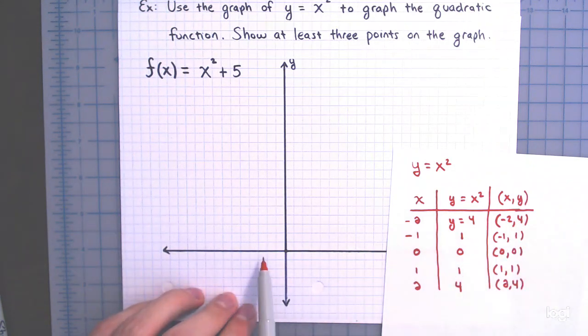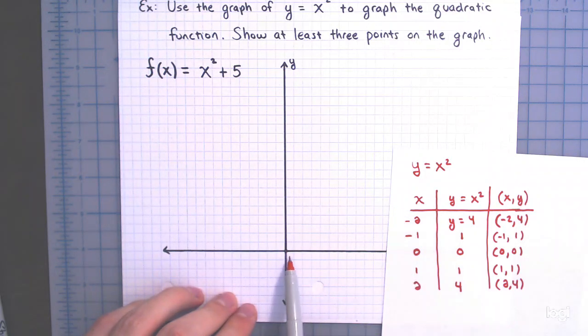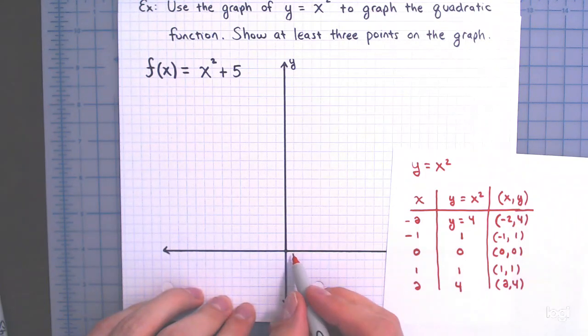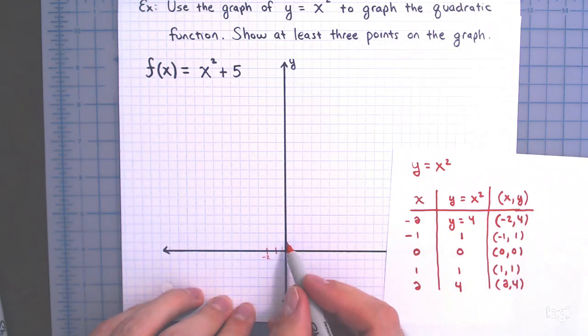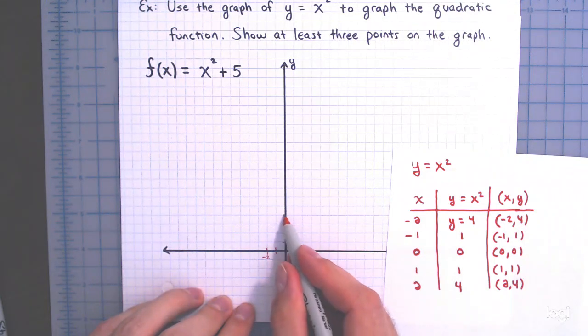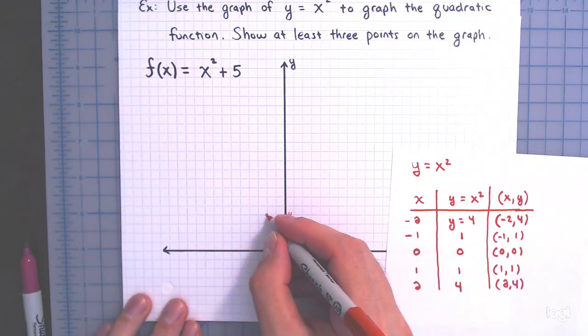So my x-axis is horizontal, y-axis is vertical, and I have each square representing 1 unit in both directions. So -2 for the x, +4 for the y, and there's one point.